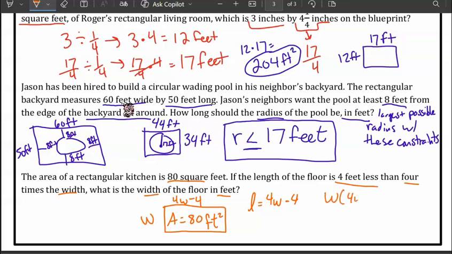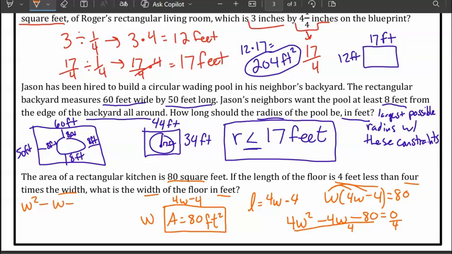W times 4W minus 4 equals 80. Let's distribute: 4W squared minus 4W minus 80 equals 0. Let's divide everything by 4 since they're all divisible by 4. W squared minus W minus 20 equals 0. Let's factor this.